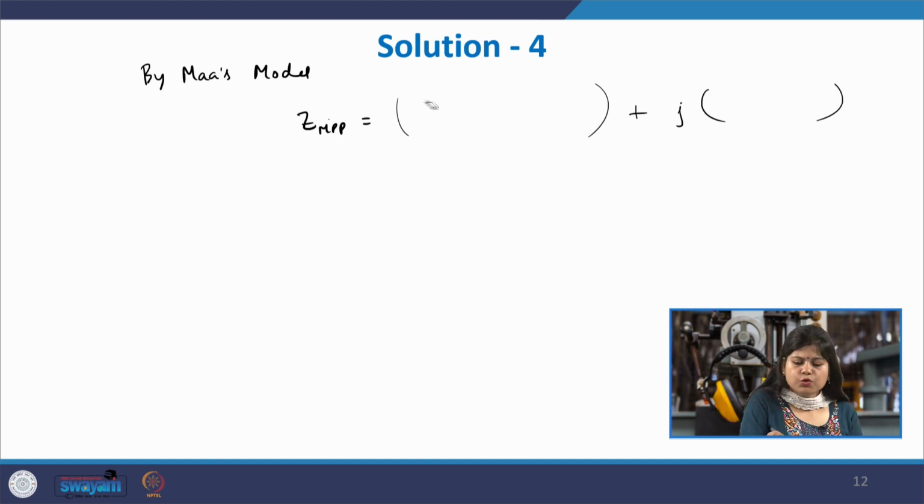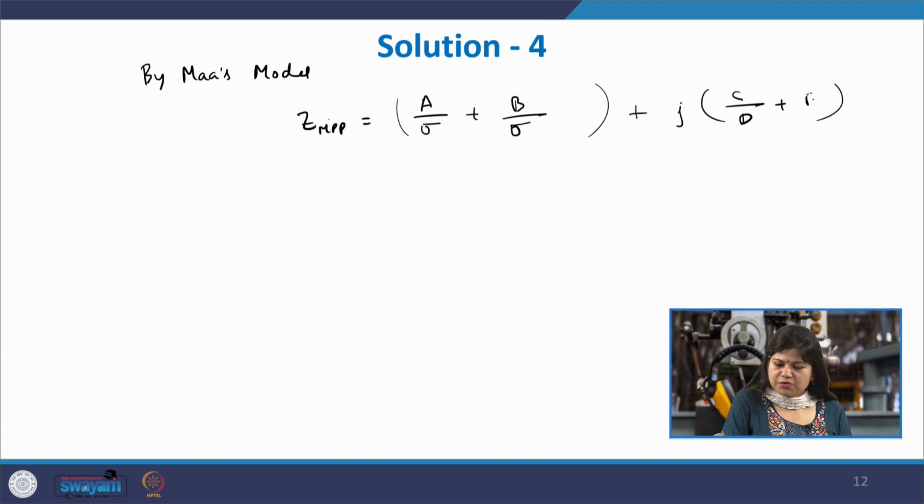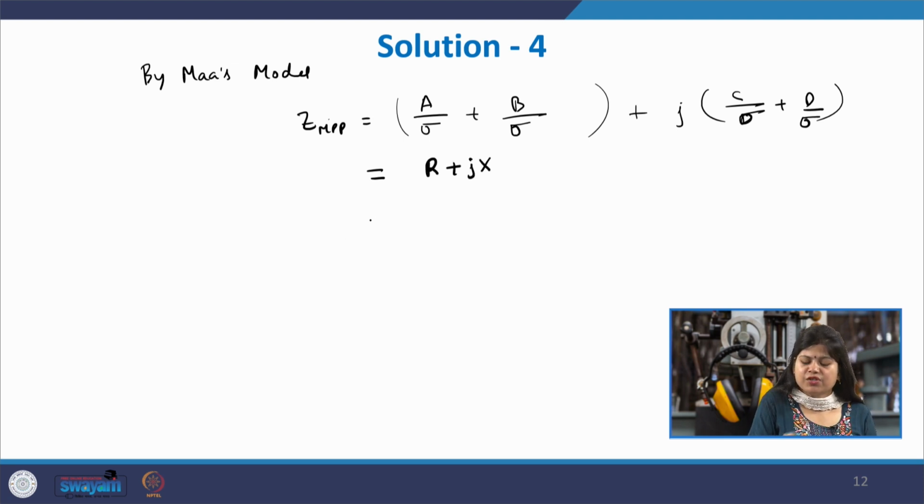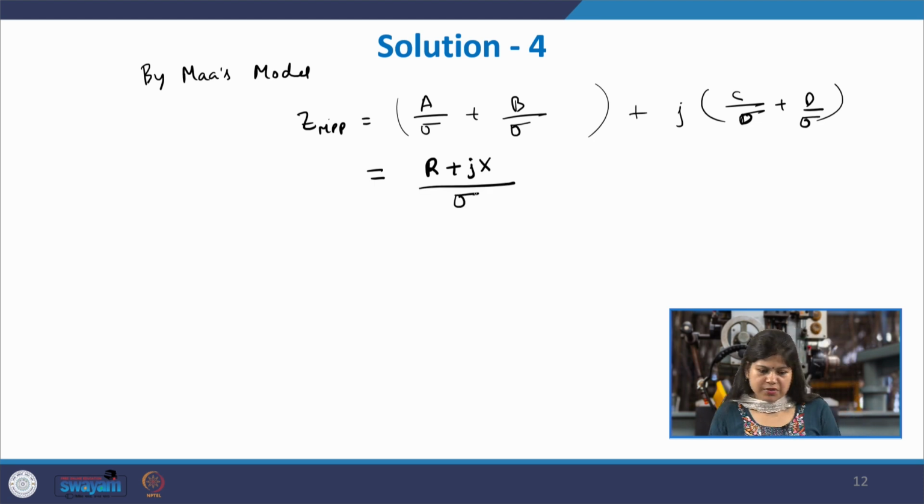Okay. So, we have some constant expression by sigma, then some constant expression by sigma, like that. So, this kind of an expression was there, which means that the Z of MPP was some r plus jx, let us say, which is some complex number divided by sigma, the porosity.